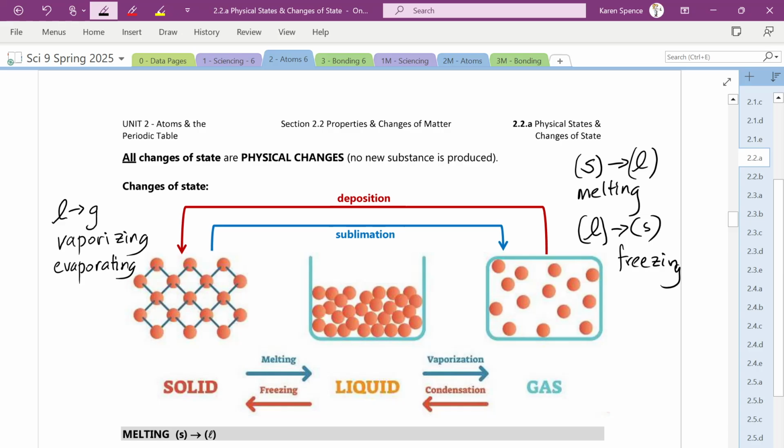What about if we go from gas to liquid? That's called condensing. I want you to think, tell your partner about a time when you have seen something condensing. When might you see condensation?